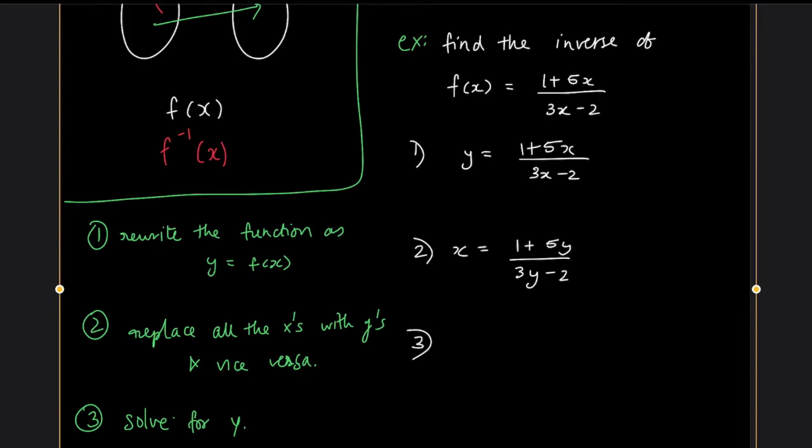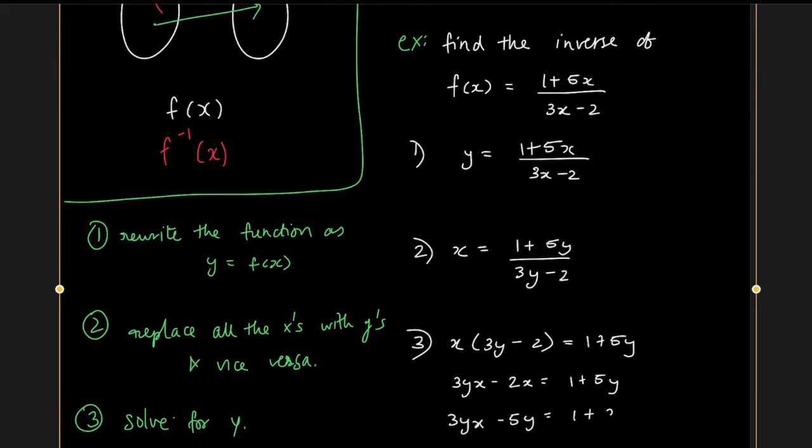Now let's bring this to the other side, and we'll bring all the common ones to one side. So we'll do 3yx minus 5y is equal to 1 plus 2x. We'll take y common, y times 3x minus 5 is equal to 1 plus 2x.